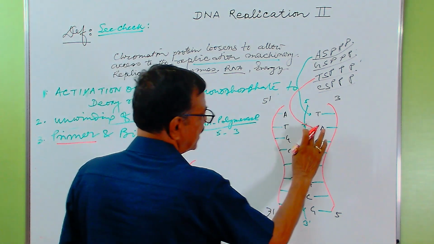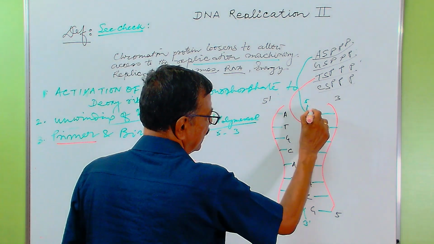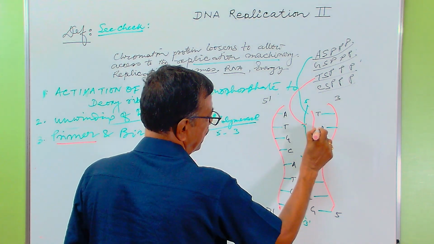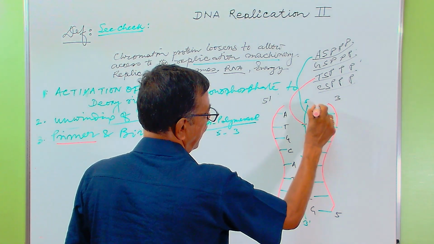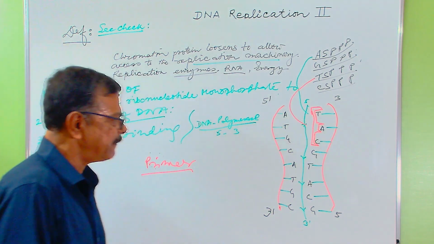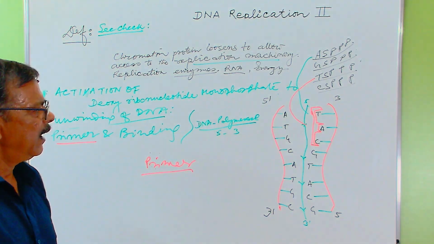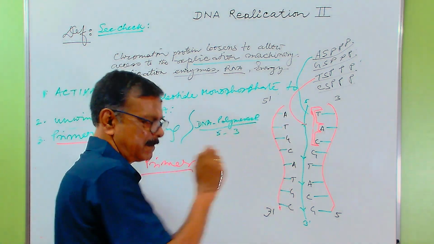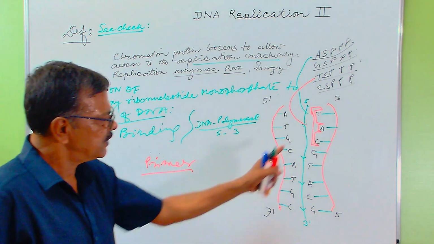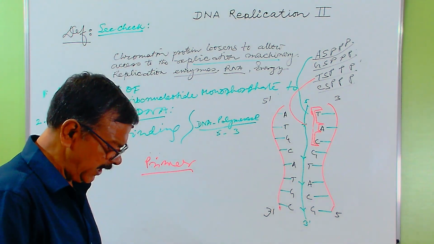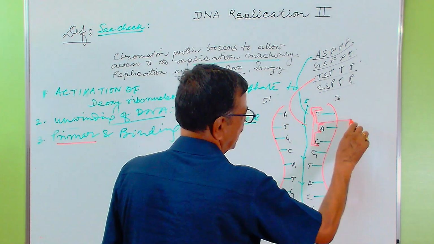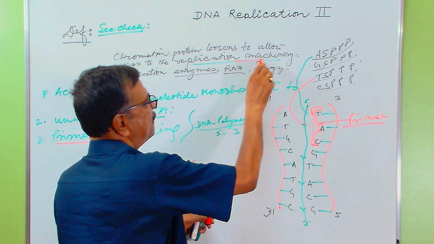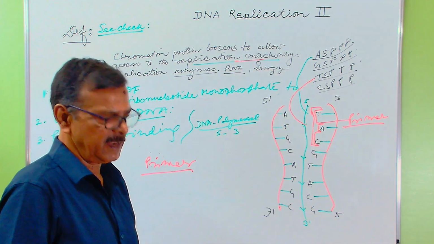This primer will make a short primer here, and it will give intimation to DNA polymerase: you start from here. So this is the RNA primer, or in short it is known as primer requirement. Some primer will come from the replication machinery and they will fit it.